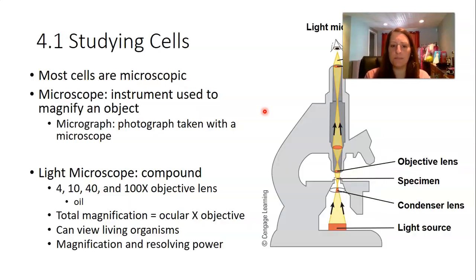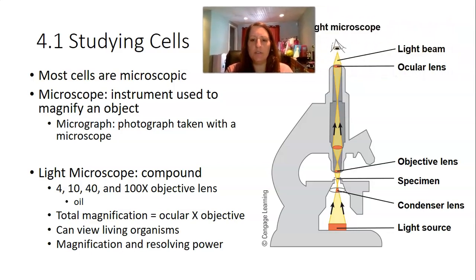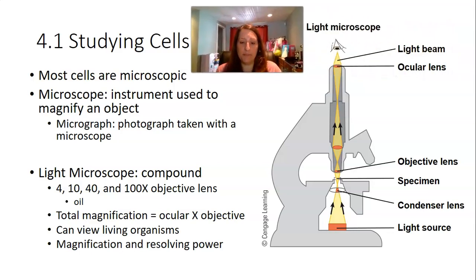So before we get into that, I need to introduce you to microscopy. So cells, whether they're from a prokaryotic organism like a bacteria or a eukaryotic organism like us, when we try to look at our cells, we can't see them with the unaided eye.